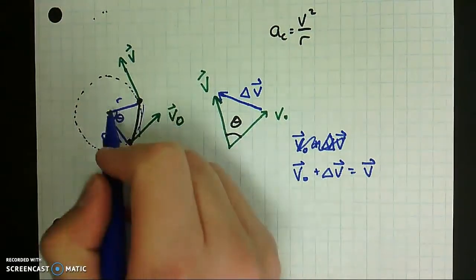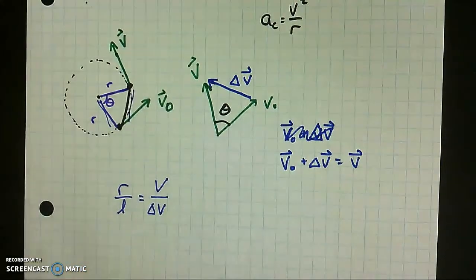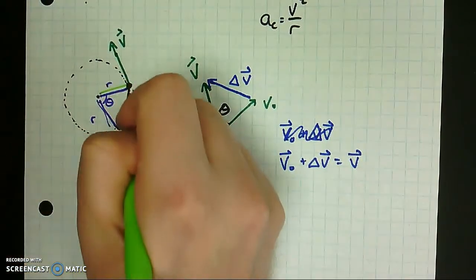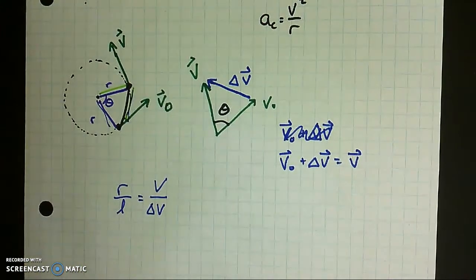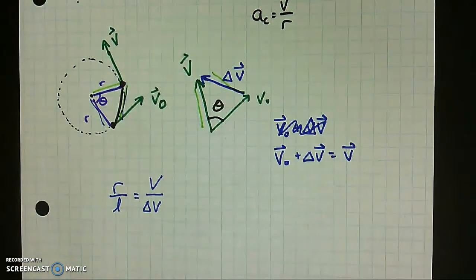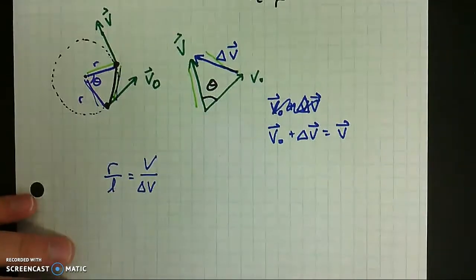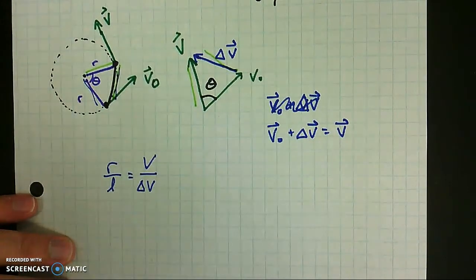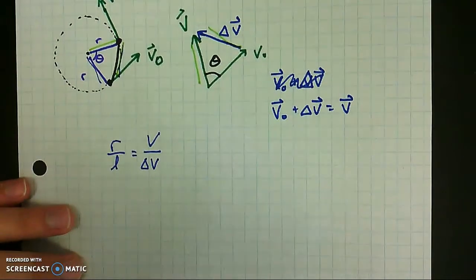Instead of the two that I highlighted, let's do this one and this one. So we've got R over L equal to V over delta V. That's true because those are similar triangles. All right, so now what?